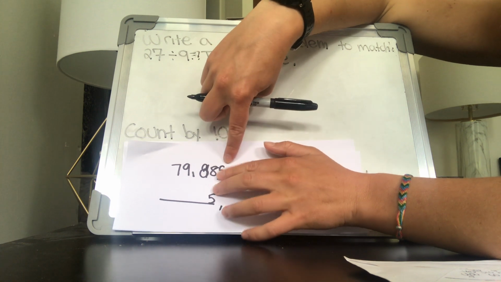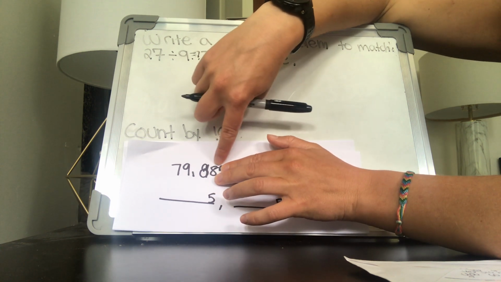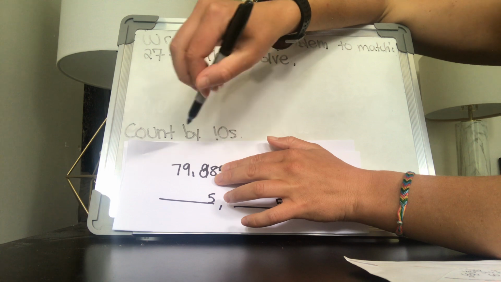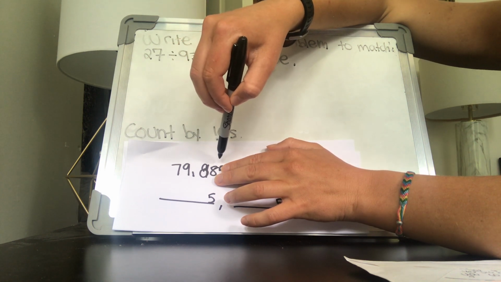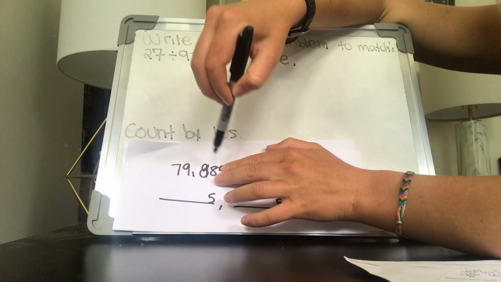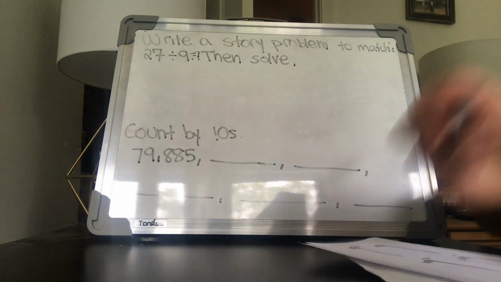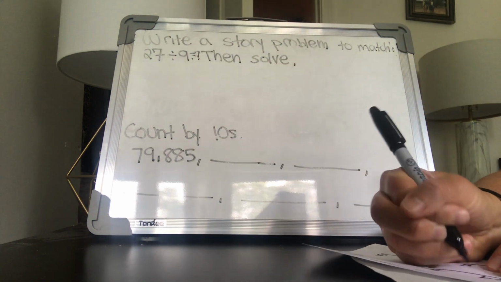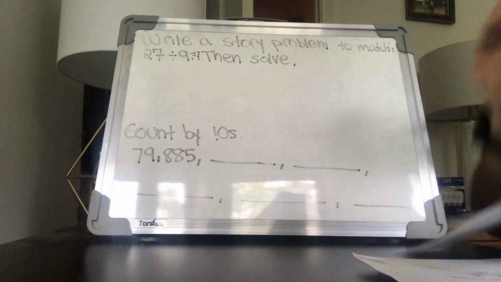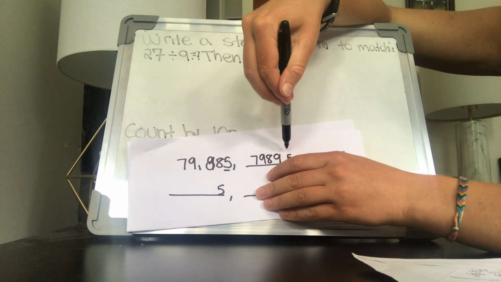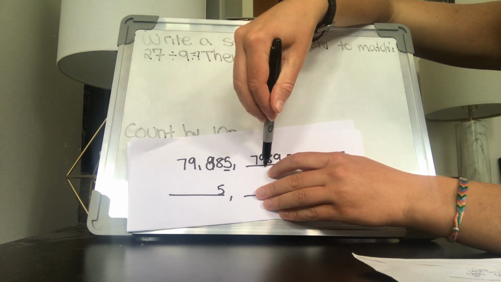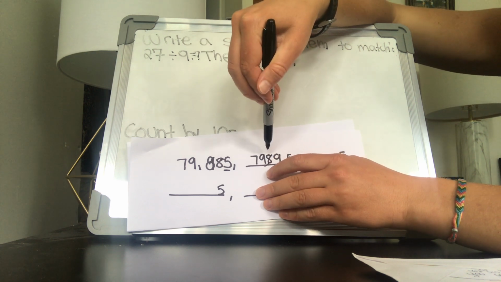I know that because I covered up the ones and I counted all the way to the 10 spot, which is right here. So in the first one, there's 7,988 tens. What would come next? 7,989. 7,989, and I have to count 3 digits and add another comma. So I know that that was the next number.